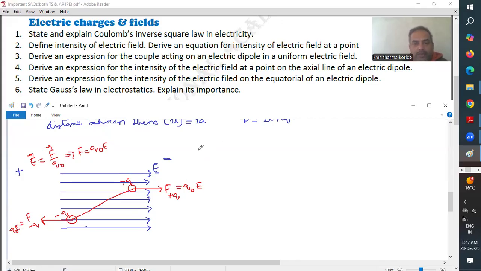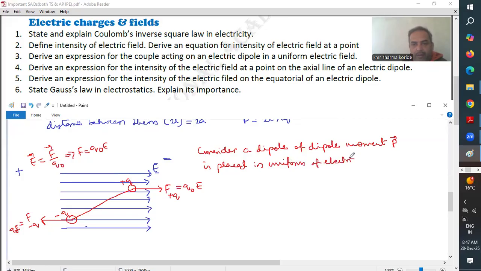So consider a dipole of dipole moment P placed in a uniform electric field of intensity capital E.